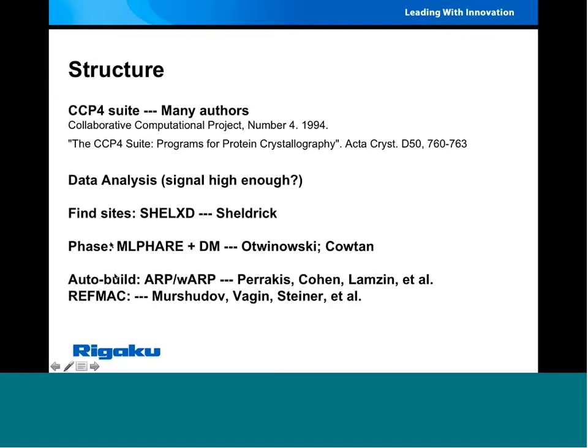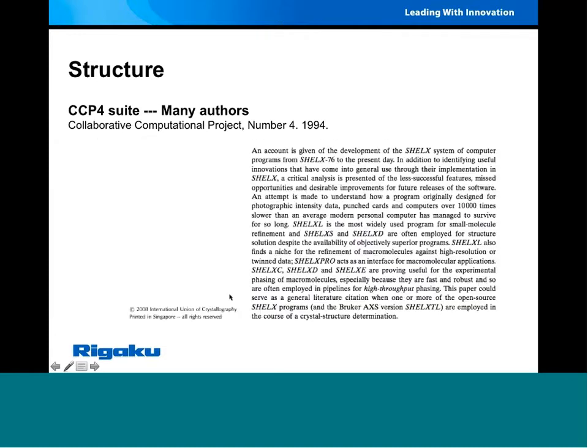Then once you have the phases, you'll have a map and you'll do auto building. We'll use ARP/wARP today from Victor Lamzin's group with Tassos Perrakis, Serge Cohen, and Gerrit Langer. And then, of course, ARP/wARP makes use of REFMAC from Garib Murshudov and his colleagues, and so on.